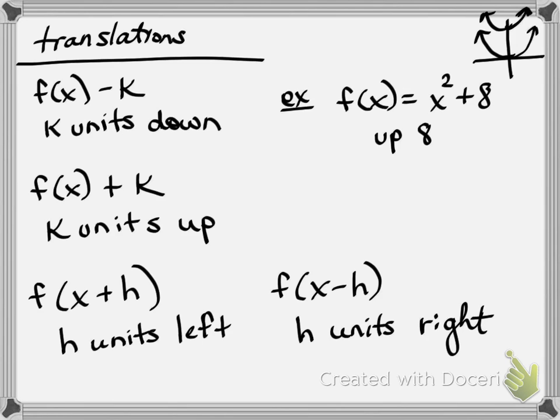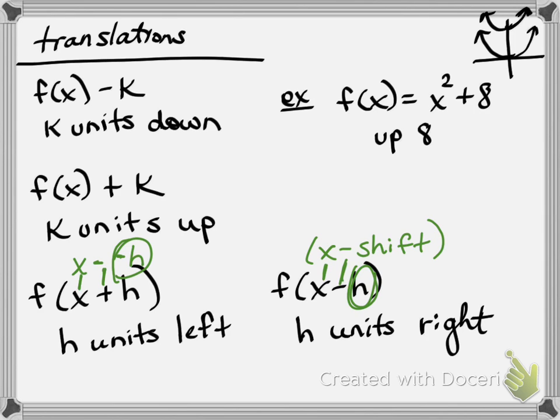So the formula is x minus the shift. And if you think about it that way, you've got x and then there's minus, and this is a positive h. So that's a positive shift, right? And this one also, if you rewrote that addition as minus a negative, you've got your h and your minus, and this is the shift. So that makes sense that it would be h units left.